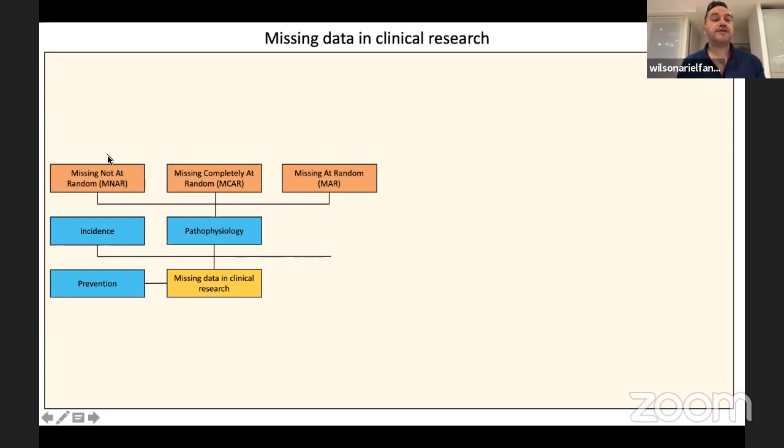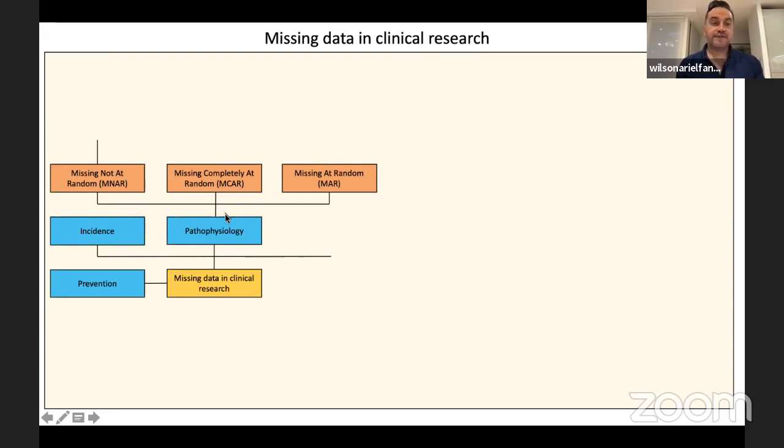Now, missing not at random is the worst scenario because there's no treatment for this. And missing at random, this is something for which we have some strategies to treat your missing data. So as I say, most of the treatments that we have for missing data assume that your missing data was caused by missing at random, rather than missing completely at random, okay?